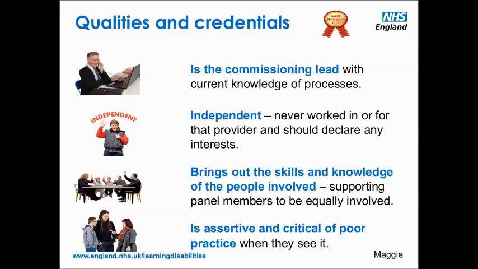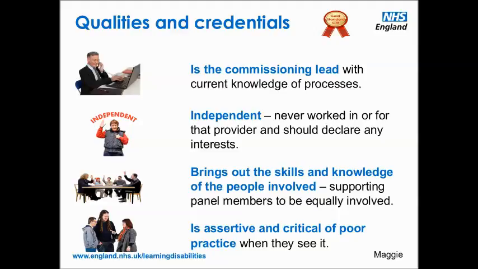The next thing is that the CTR lead should be independent, so somebody who has never worked in or for that provider, and it's important that the chair should declare any interest if they have any.